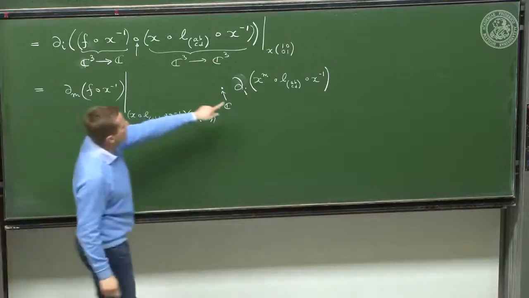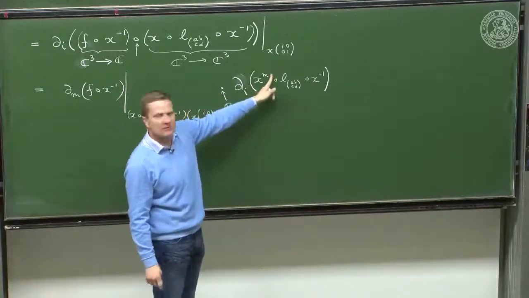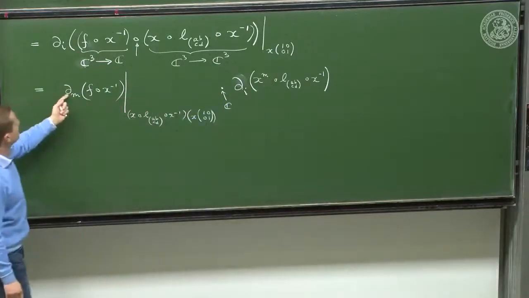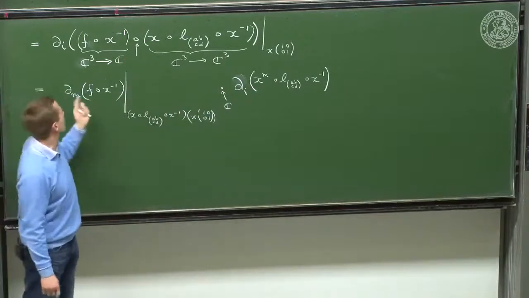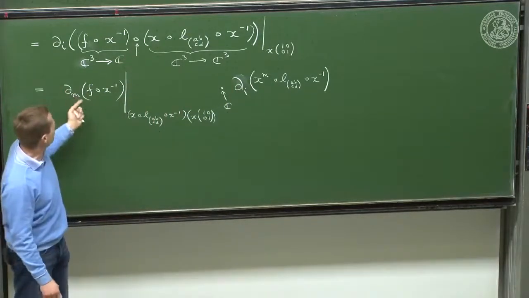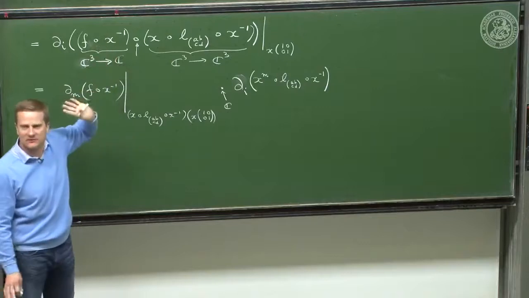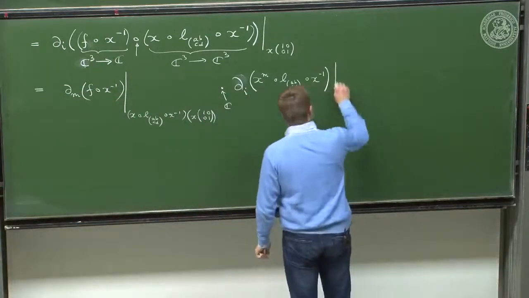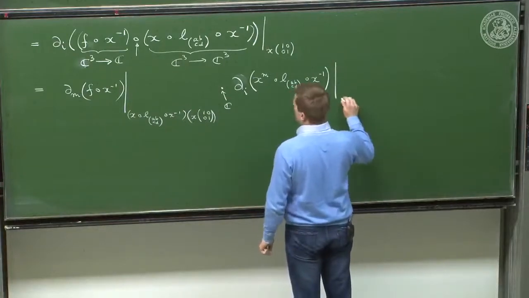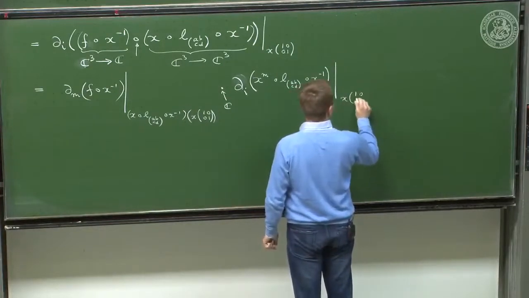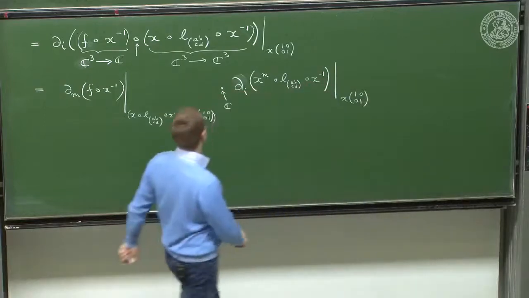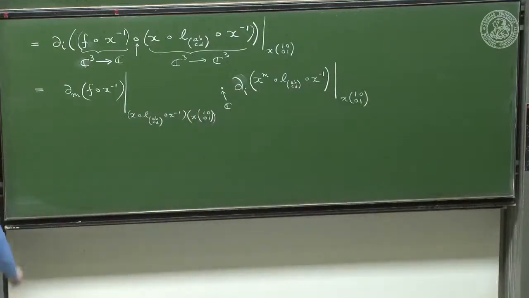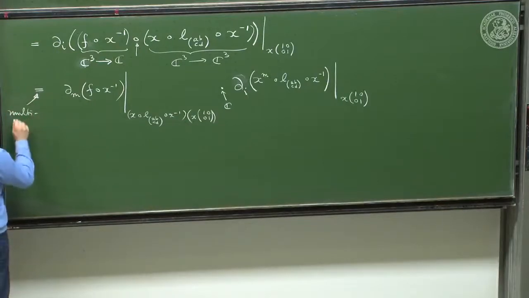This del i goes to the inner derivative, the mth component, and the outer derivative is the derivative in direction m of this outer function. It's the multidimensional chain rule, and it's this del i here, and the whole thing is evaluated at x of 1, 0, 0, 1. So this is nothing but the multidimensional chain rule.